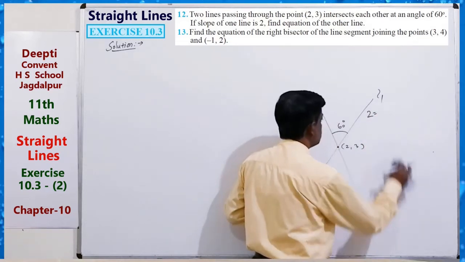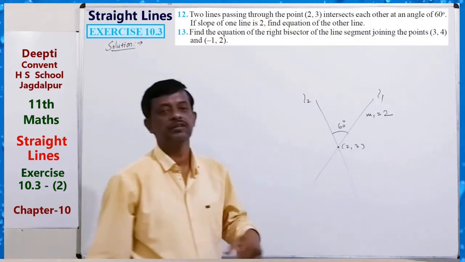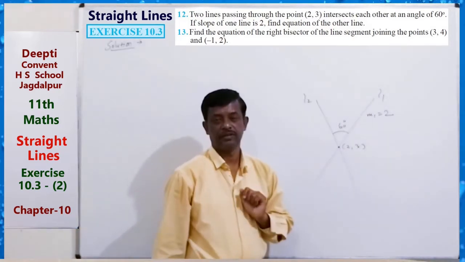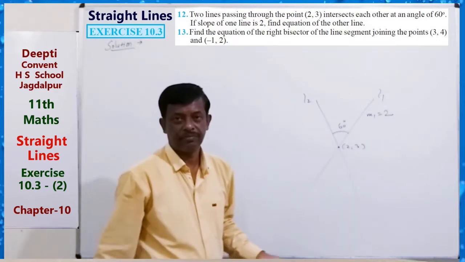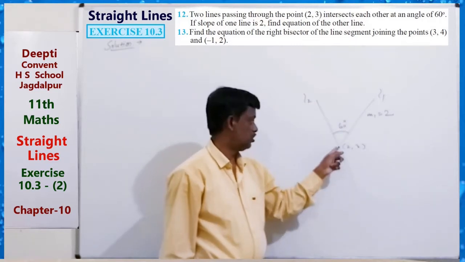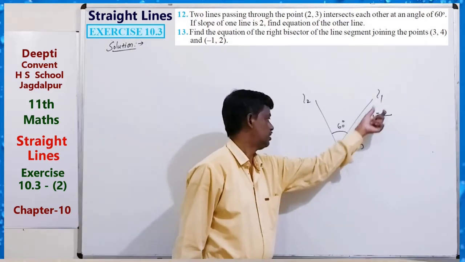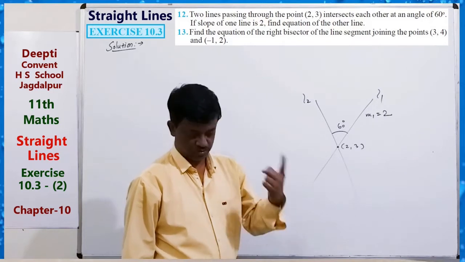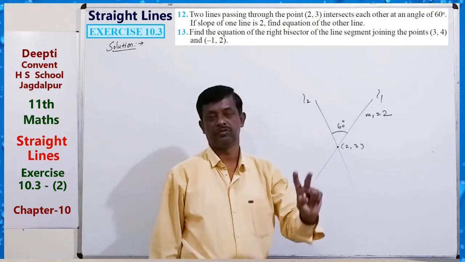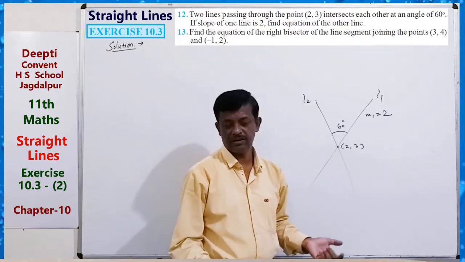Here two lines, L1 and L2, are given, but the lines are not written out. Both pass through the point (2, 3), and the slope of one line is 2. So the point slope form can be used to find the equation. We have to find the slope of this other line first, since it also passes through this point. Then we can get the equation.